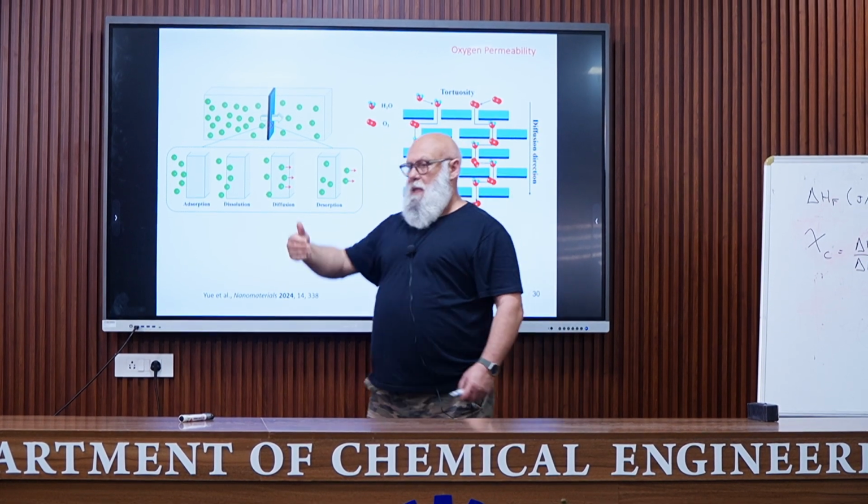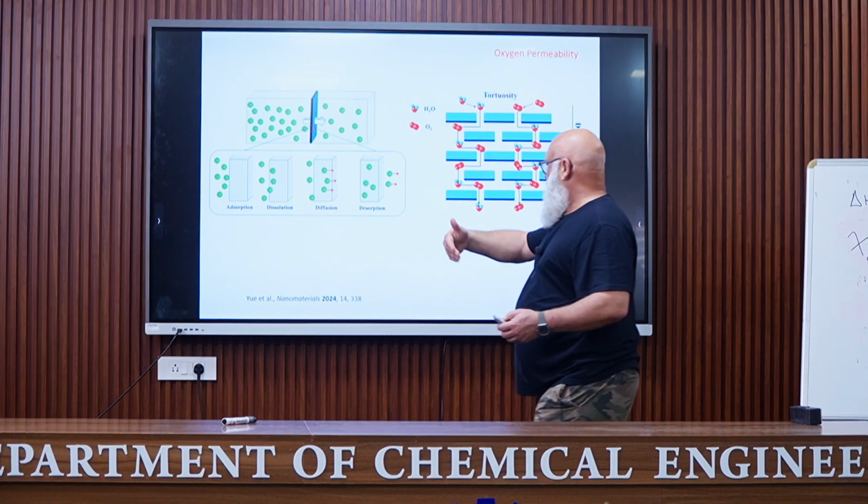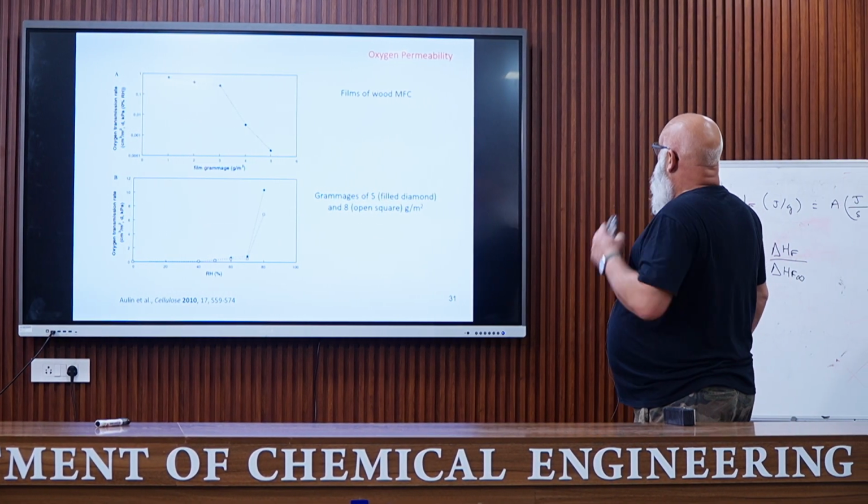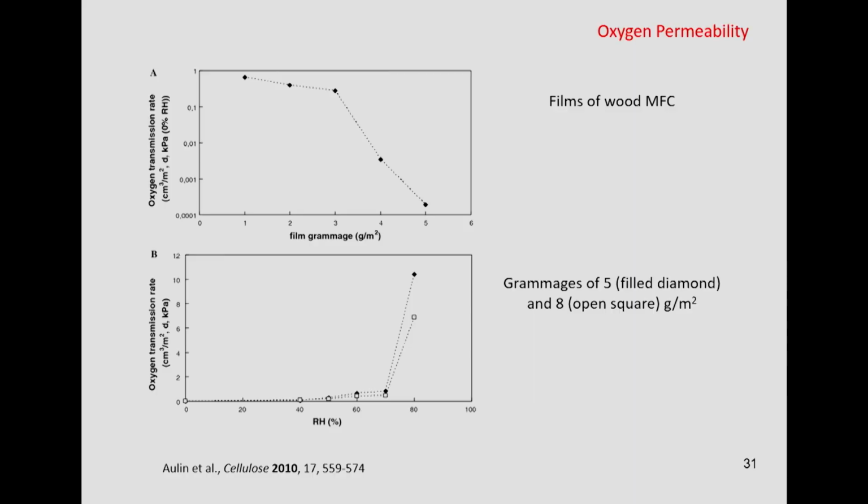So these three steps occur in the sample. This is one example: oxygen permeability of a film of pure microfibrillated cellulose or cellulose nanofibrils obtained from wood.